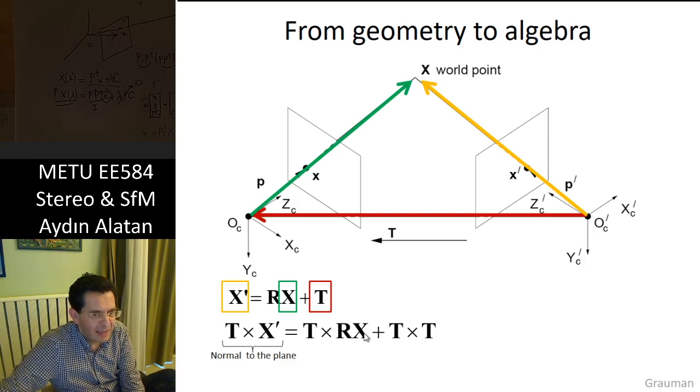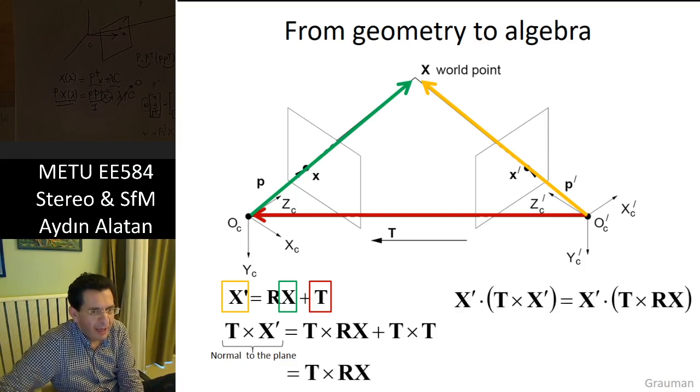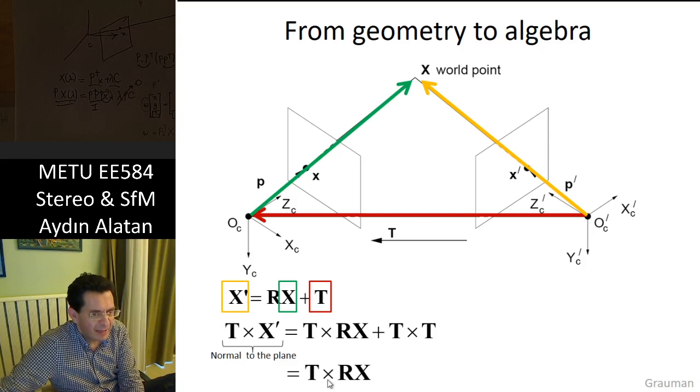Okay, let's leave it as is. But for the other one, a vector multiplied by cross product by itself is equal to 0. Okay, and you obtain nothing but this thing. Now we have a vector which is normal to this plane, which is written in this way.